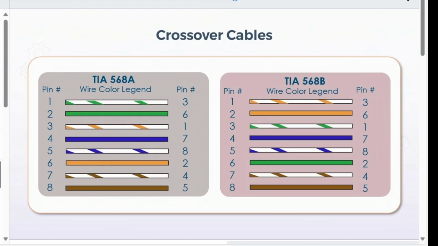That said, the entire exterior jacket of a crossover cable tends to be a different color than a straight-through, but that's not a guarantee because many manufacturers are making straight-through cables in many colors now. In my own experience, though, just for reference, straight-through cables are most commonly blue, gray, black, or white, and crossover cables tend to be red or maybe yellow. But again, I stress that is by no means a standard. It's just what I've seen most often.